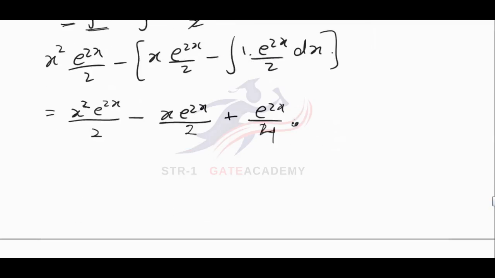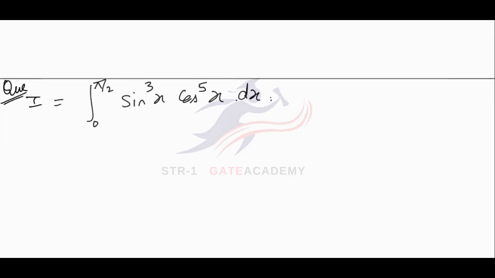Let us solve some GATE problems on this integral calculus. Let us say you have a function, find I, which is integral 0 to pi by 2 sine raised to 3x cos raised to 5x dx. Now this is of the format which we can use directly.